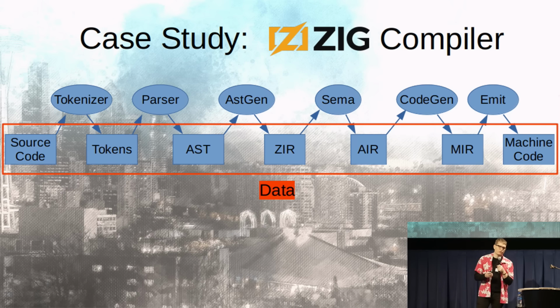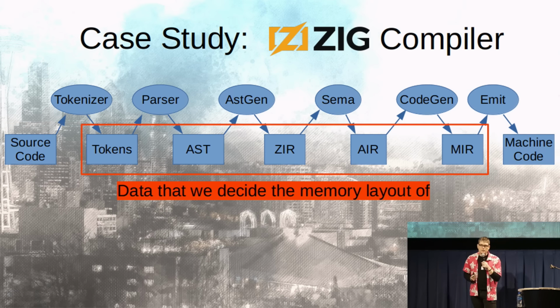But we can't control what the source code format is or what the machine code format is. Machine code is specified by the hardware. The source code is specified by the language specification. But everything else, that's compiler details. We can just pick whatever data layout we want for this. So all those principles that I just talked about, we can apply them here. That's the core pipeline of the compiler. So if this stuff actually works, we would expect to see good results, right?